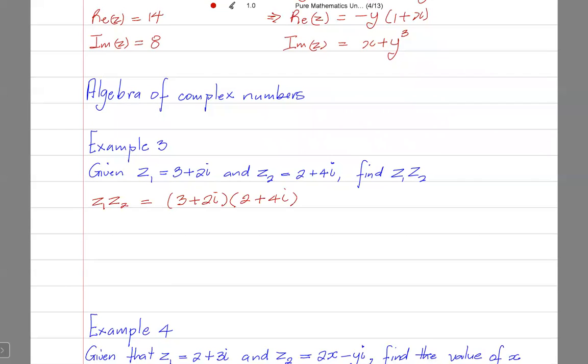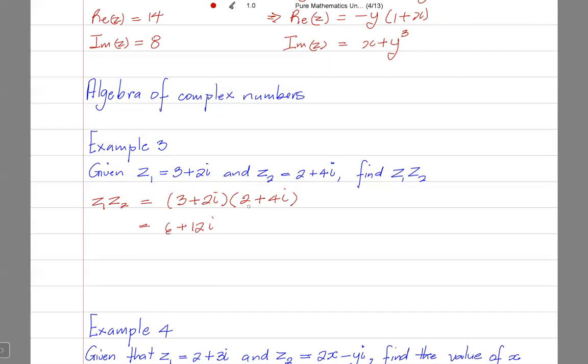So we're going to treat it as simple as if we're multiplying two binomials. So to do that, I'm going to multiply all the terms on the right by 3. So 3 times 2 is 6. 3 times 4i is 12i.